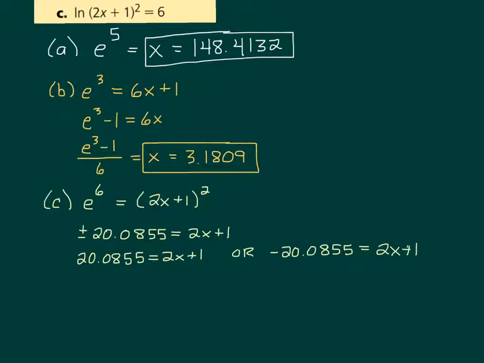So in the first part, we get that x is 9.5428, or we could get that x is negative 10.548.